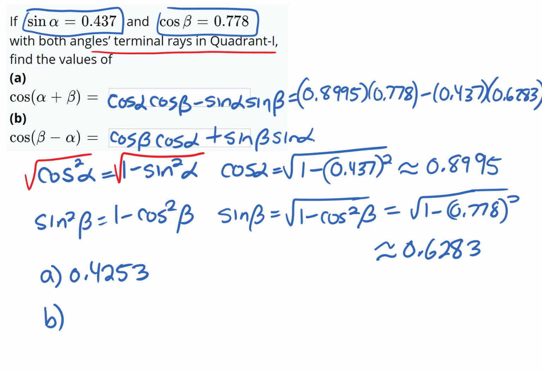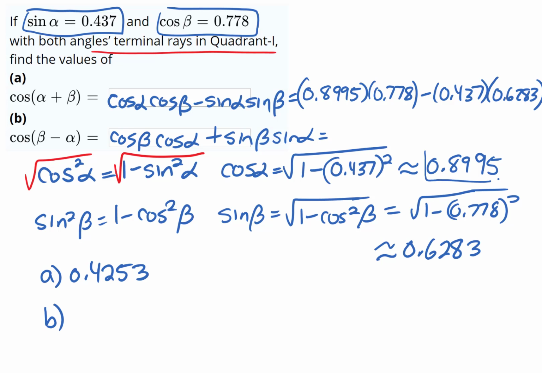Now I can just go ahead and use the values, and I know all 4 now because I was given 2 and I found 2, so I would just put those in the formula. I'm just going to go ahead and put them right in the calculator. So cosine of beta was 0.778 times cosine of alpha.